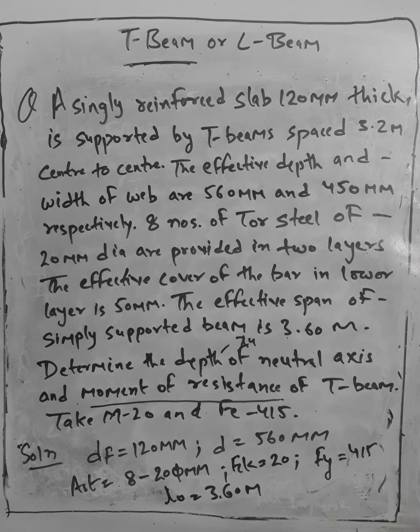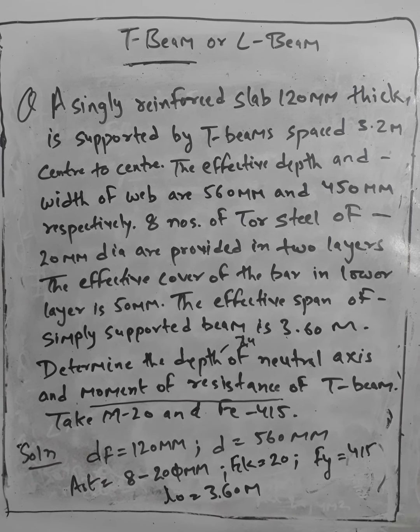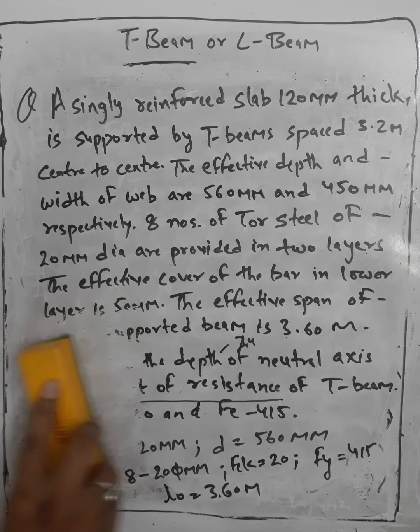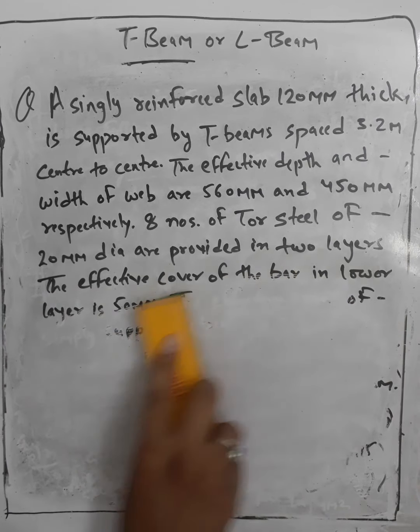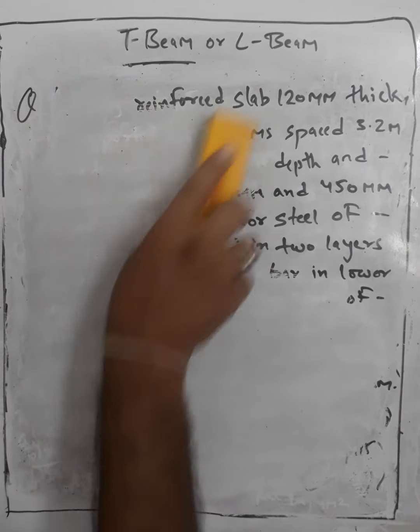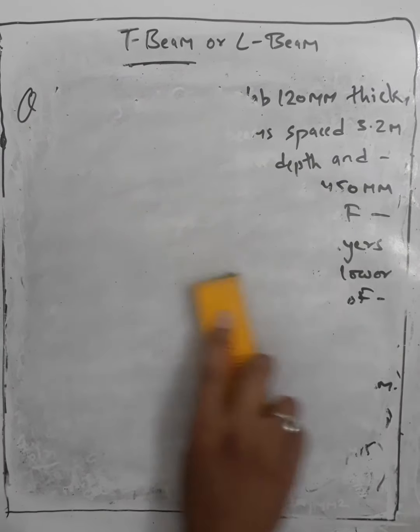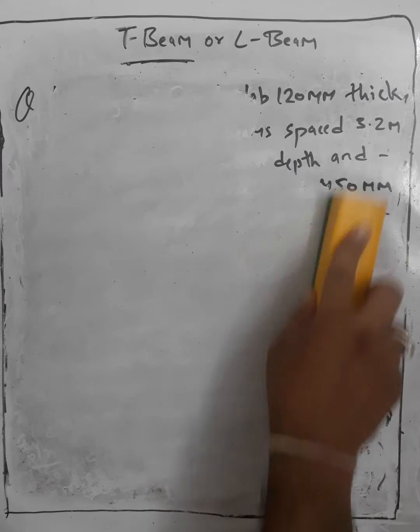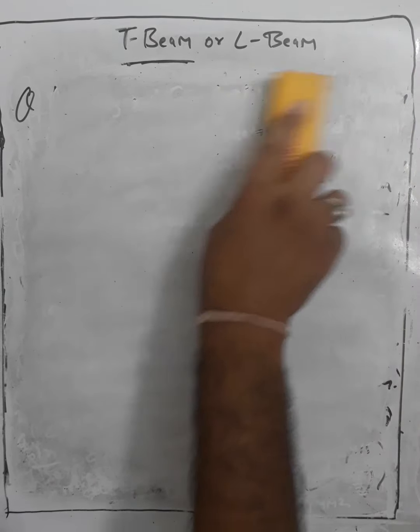So with the help of these values, first we have to find the XU. For finding the XU, we have to take one formula. Actually, for solving the moment of resistance of a T-beam, we have to assume whether XU is less than DF or greater than DF, because we don't know our value.